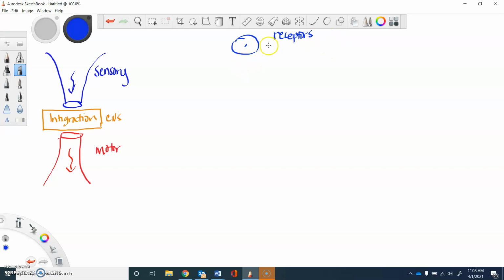And when those neurons, through their cell bodies and dendrites, pick up information of something that's happening via a receptor, it will send that information down the axon, the axon of the neuron, right? And that communication will go into the central nervous system.